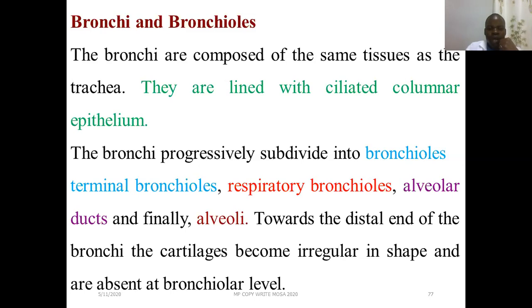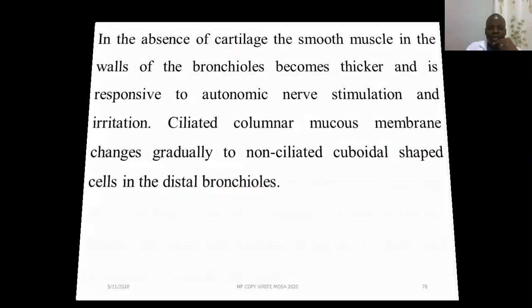Towards the distal end of the bronchi, the cartilages become irregular in shape and are present at the bronchial level. These are just explaining some division branches that are made in relation to the bronchioles, which are formed from the main bronchi.